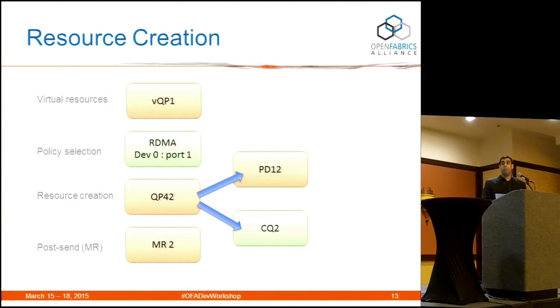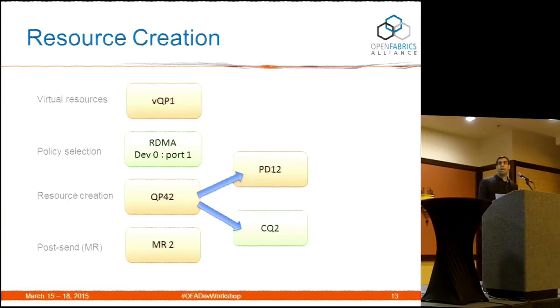Another idea that we have introduced here is lazy creation, because the namespace is too big and the multiplication of all the subflows is very resource consuming. So we have decided to use some kind of lazy resource creation, which means when an application uses a virtual QP, the policy decides, okay, let's bind it to RDMA device 0, port 1. Again, I don't care what the underlying device is. It can be RoCE and it can be InfiniBand.